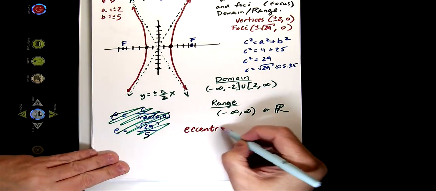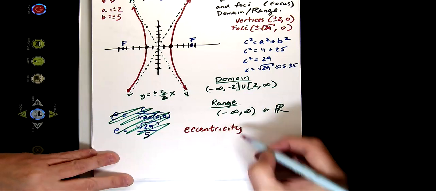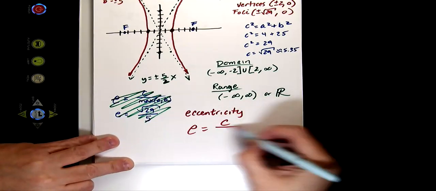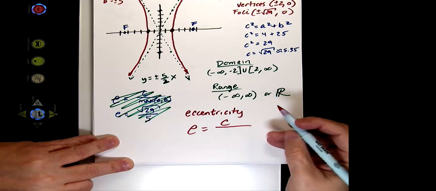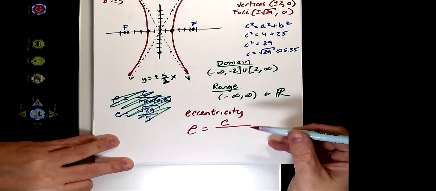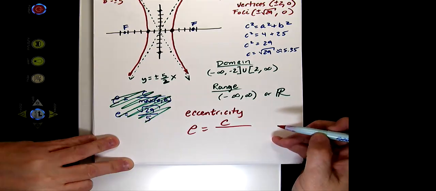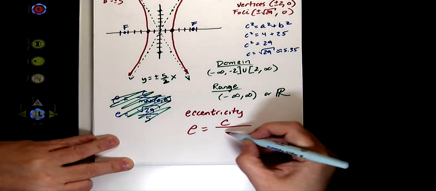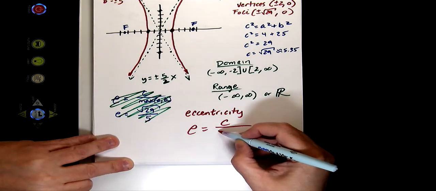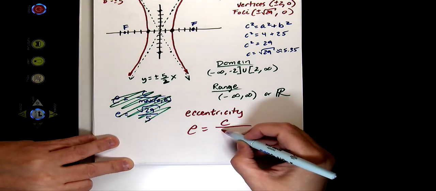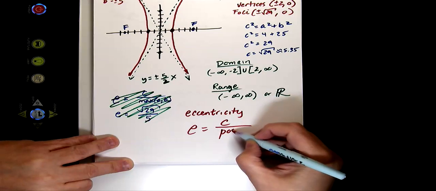Eccentricity E is C over... how do I say this? Yeah, I'm just gonna say the positive one.